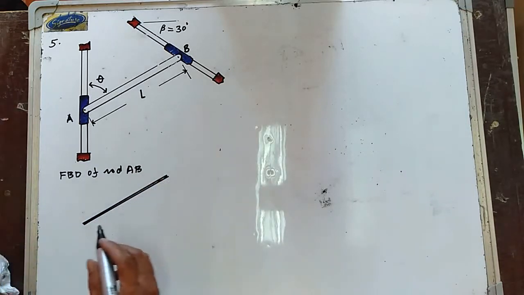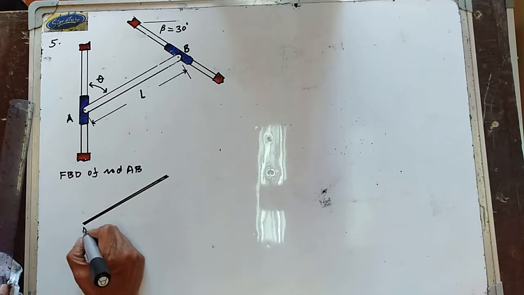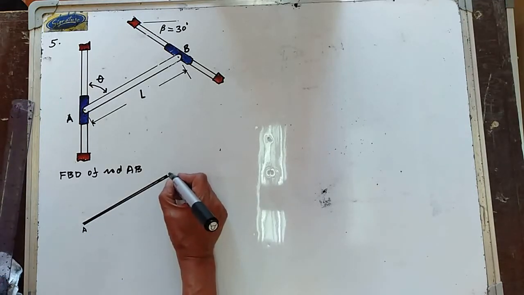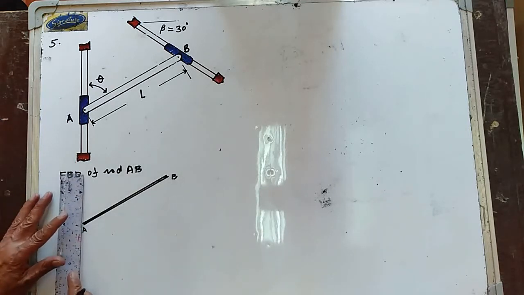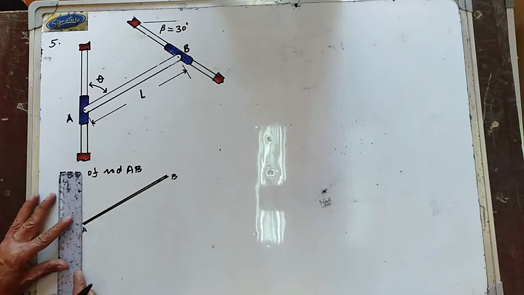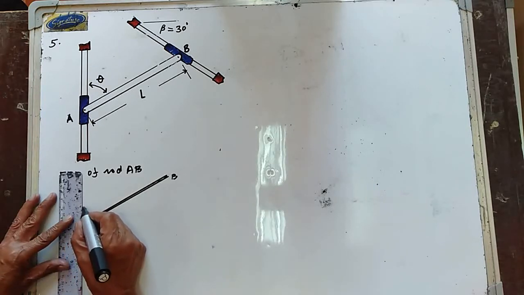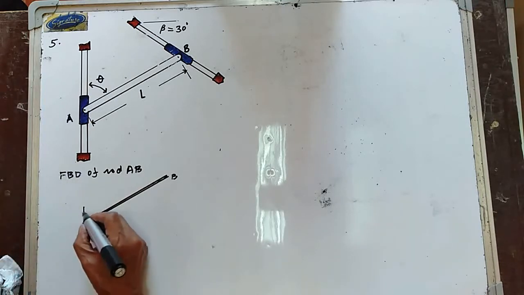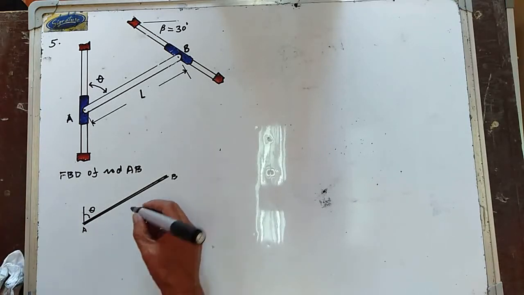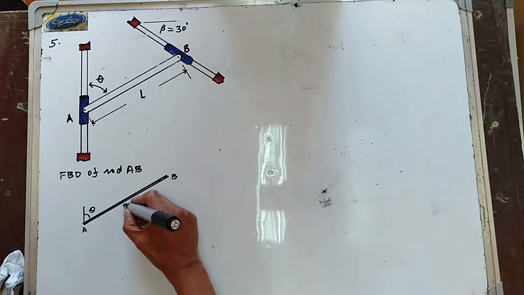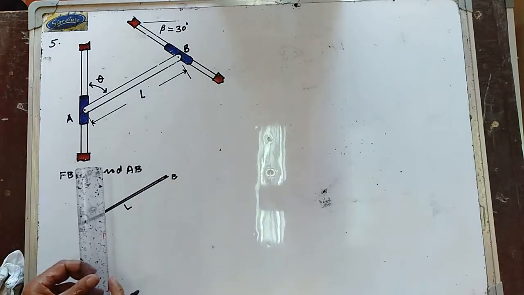This is now your point A. This is now your point B. So your rod AB is making an angle theta with the vertical. So this is your theta. Okay, so we have the length of the bar equal to L.